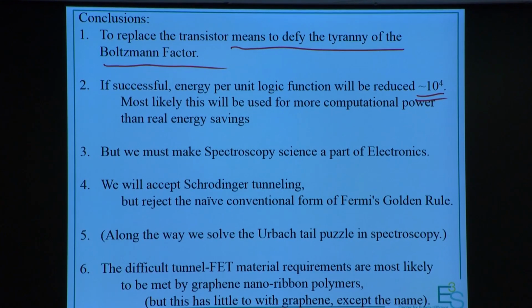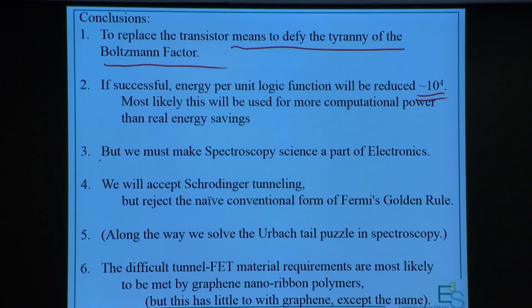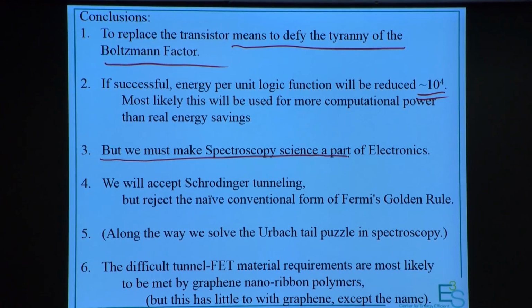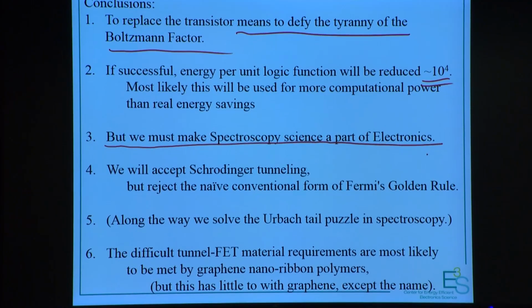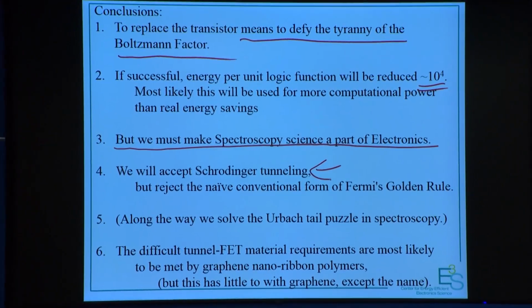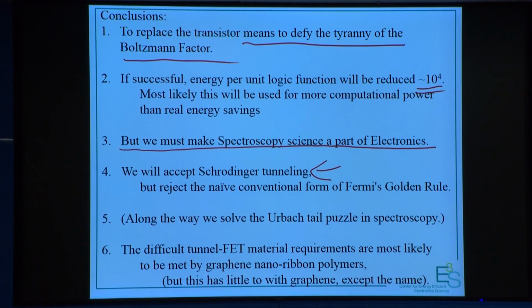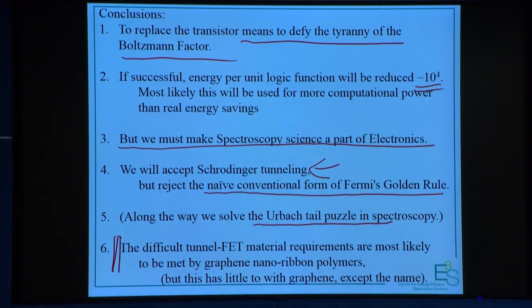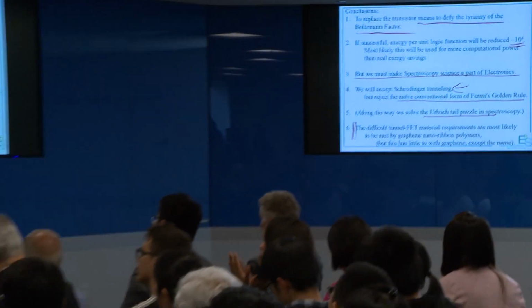You reduce it by 10,000 times, but in order to do that, we must accept spectroscopy as part of electronics, and we will certainly accept Schrödinger tunneling as the mechanism, but we reject the naive conventional form of Fermi's golden rule. And along the way, it looks like we solved the Urbach tail puzzle. But we have decades of interesting material science work before this can really be manufacturable. So thank you very much for listening.